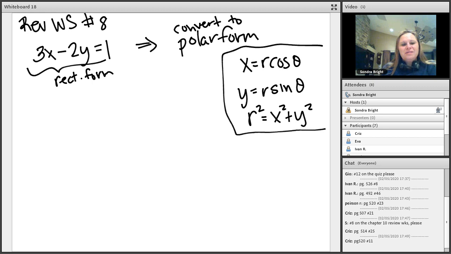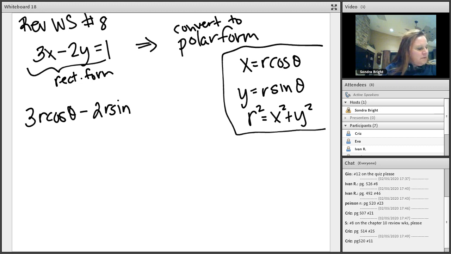Sometimes you use them all, sometimes you don't use them all. In this case, we're only going to use the first two. I know x is r cosine theta, and I know y is r sine of theta. And on this one, you can actually solve for r. The other one I did, you had an r squared and an r, so that's the reason why I just left it the way it was.